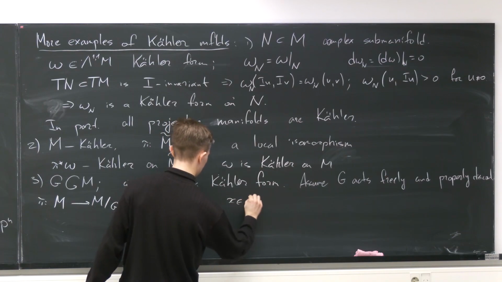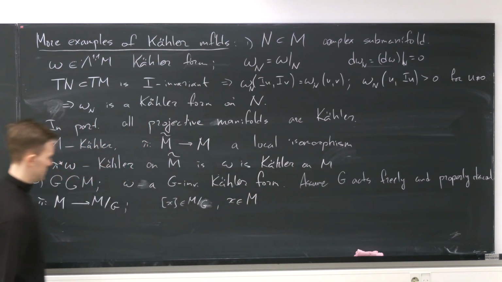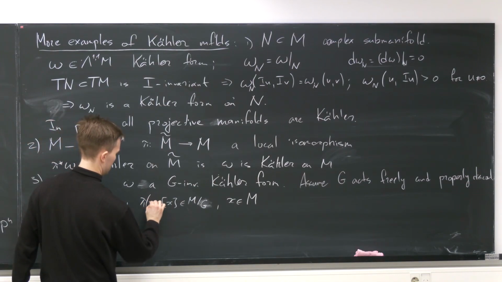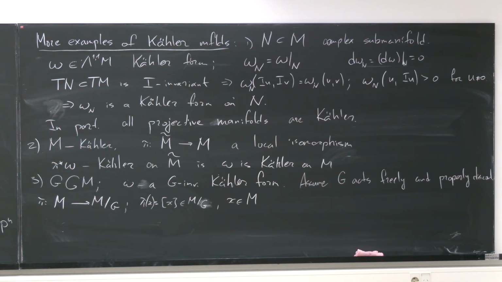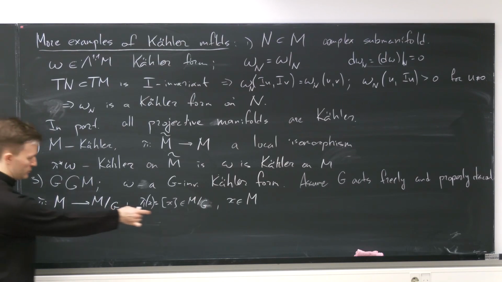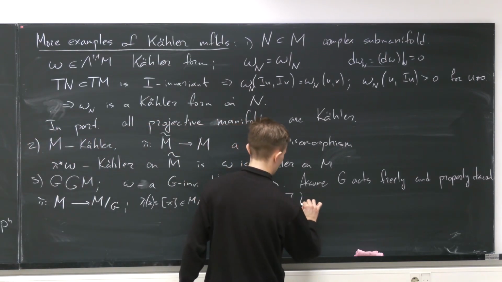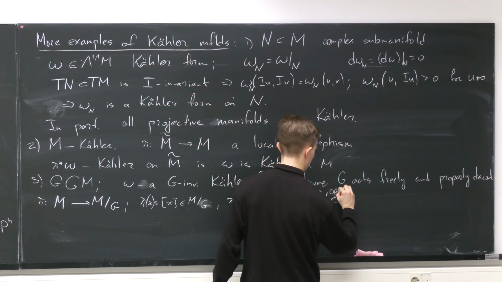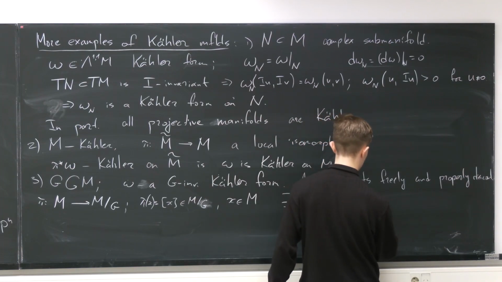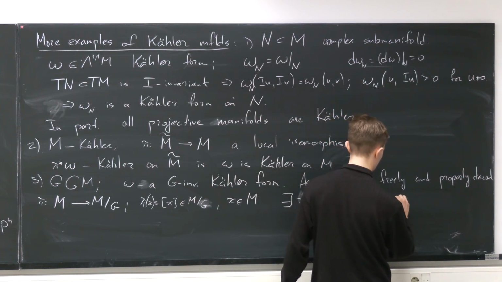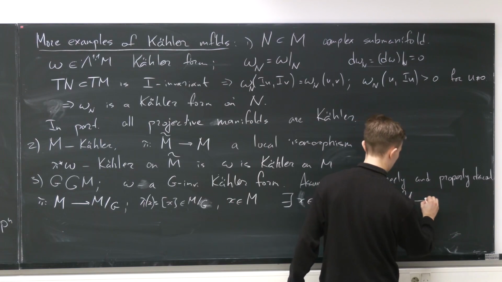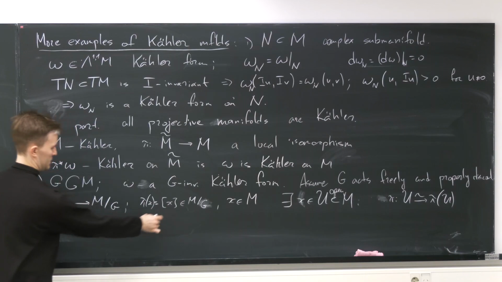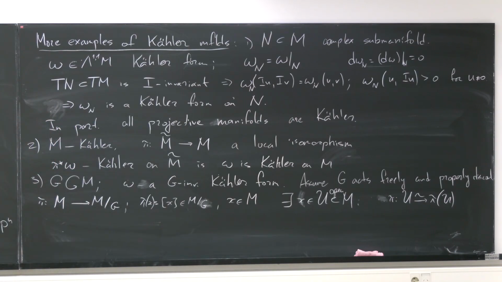So that's a point X in M, and that's its image under the quotient map. And then there is a neighborhood of X in M that maps isomorphically via pi to an open neighborhood of this X in square brackets.